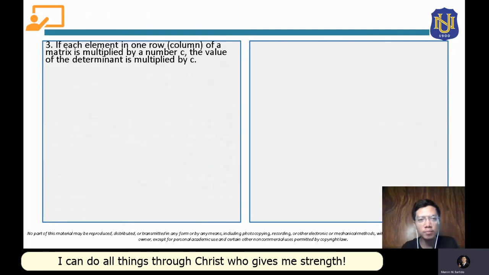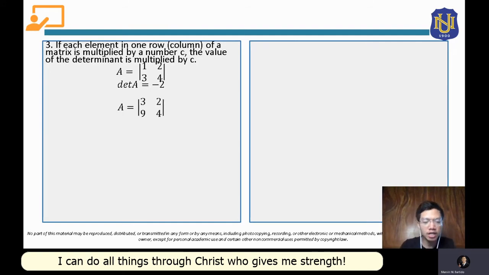For our third property: if each element in one row or column of a matrix A is multiplied by a number C, the value of the determinant is multiplied by C. Let's say we have here matrix A, and it is also known that its determinant is -2.